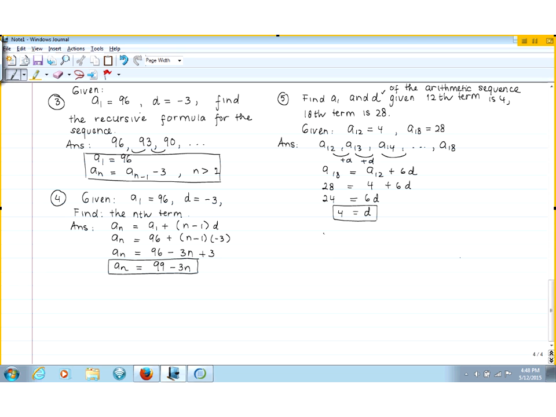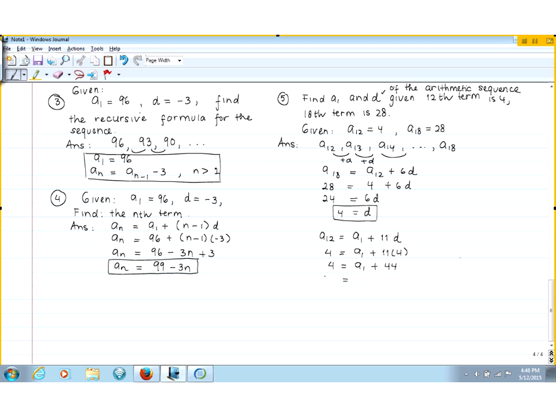Now, we will substitute D is equal to 4 into A12. So A12 is equal to A1 plus 11D. Now we will substitute the values. A12 is 4, we don't know what A1 is, and then 11 times 4.